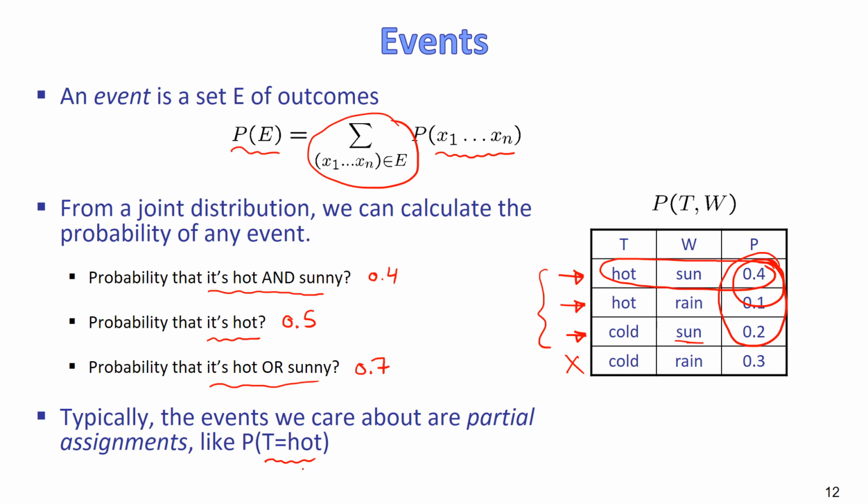We care just for a specific set of variables. But again, we still can calculate the probability of any event, given that we have the joint distribution table.